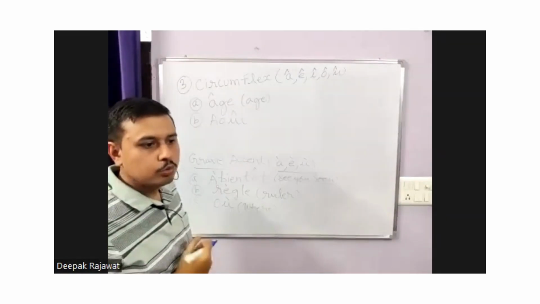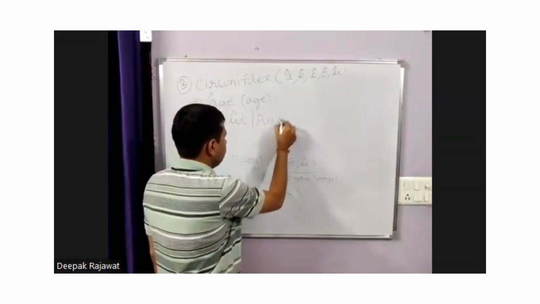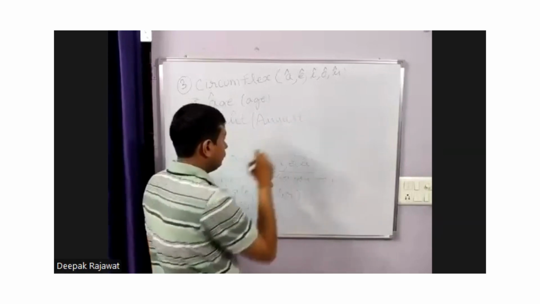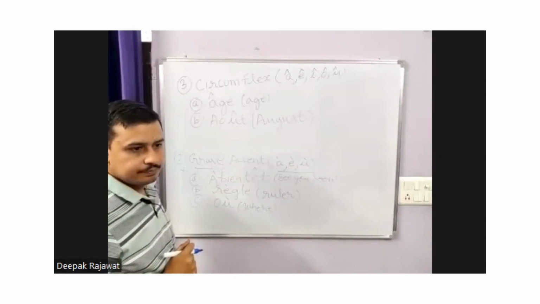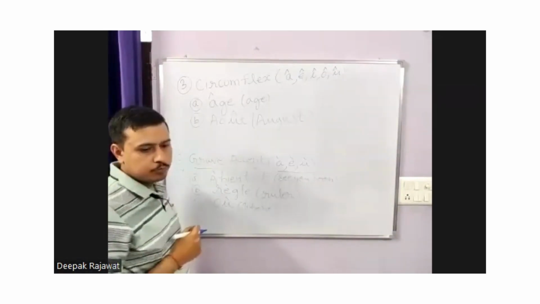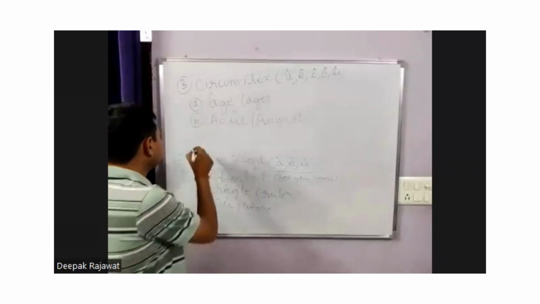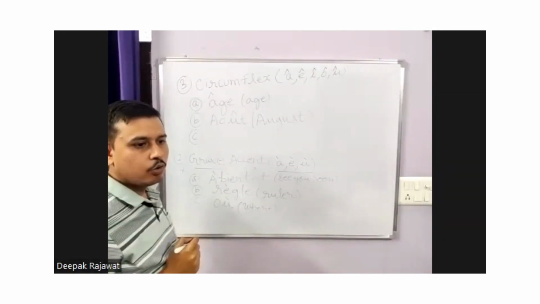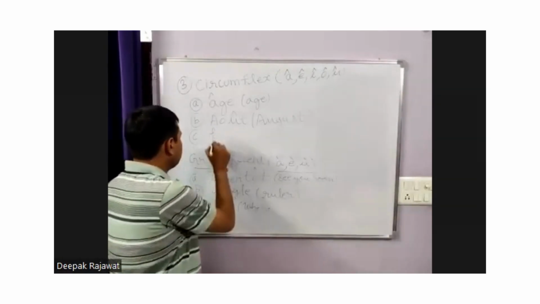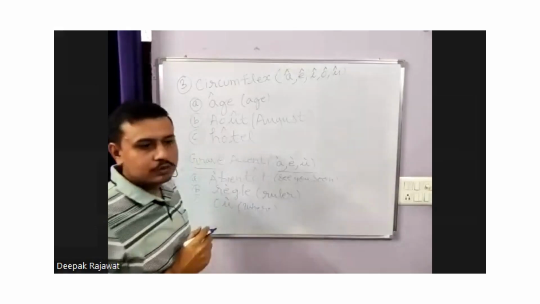Août. Août is August. So in this way, we put this accent. Then the third example we can take is hôtel. Hôtel.